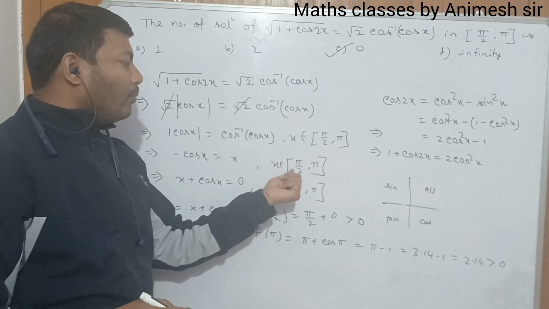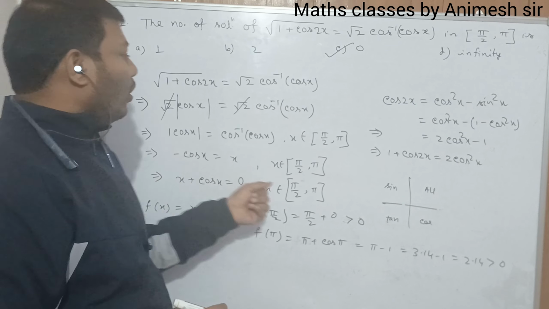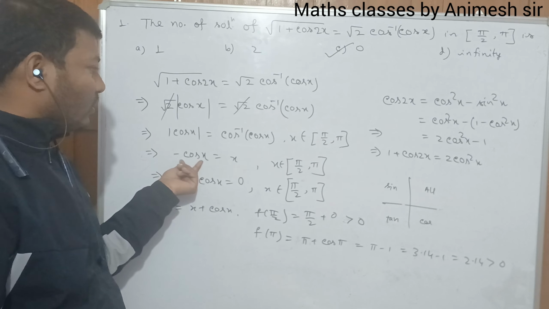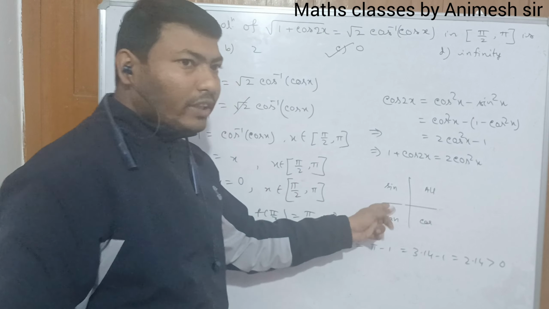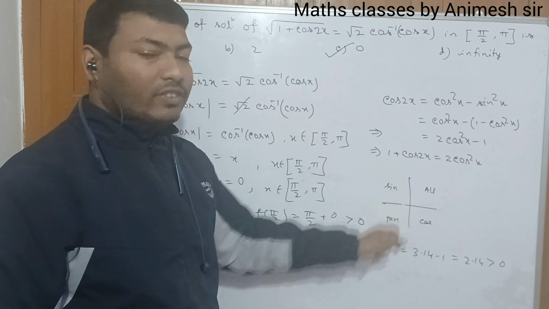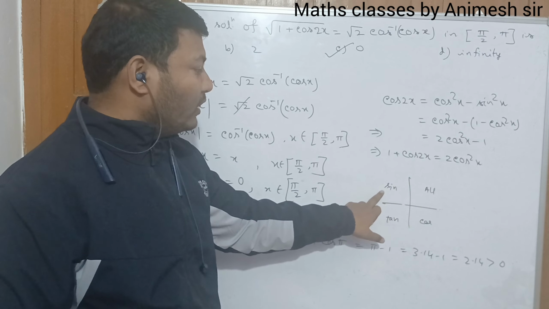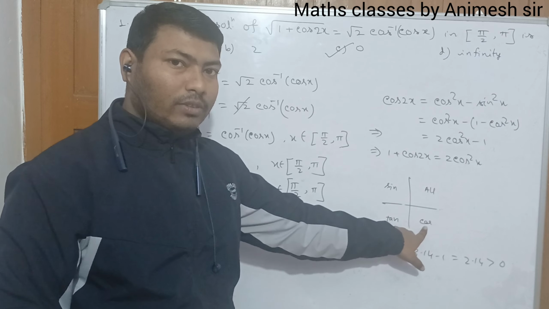In the second quadrant cos is negative, we know the rule of signs. In the first quadrant all positive, in the second quadrant sin positive, in the third quadrant tan positive, in the fourth quadrant cos positive.